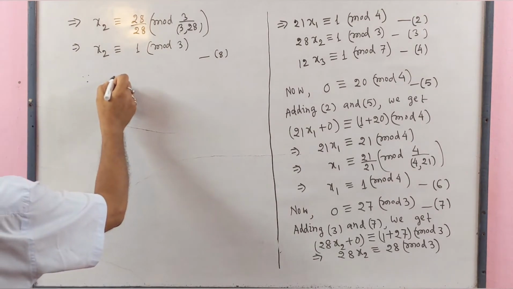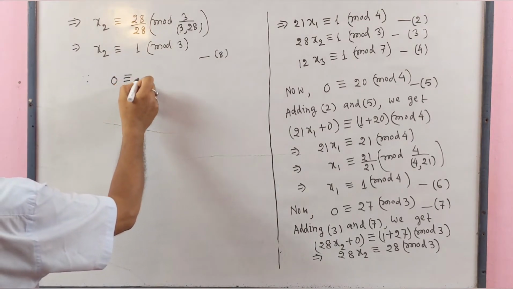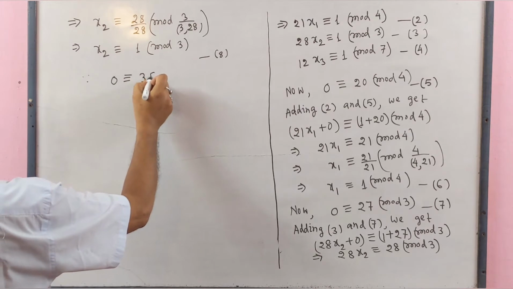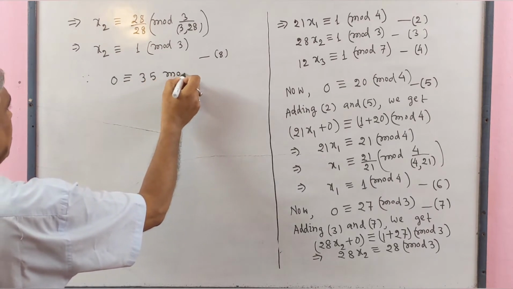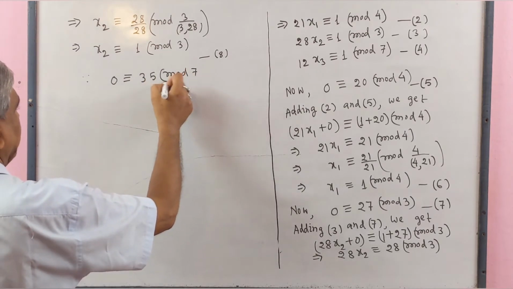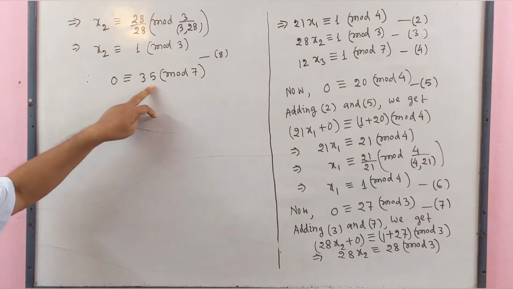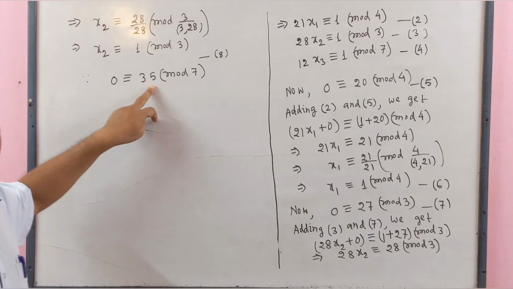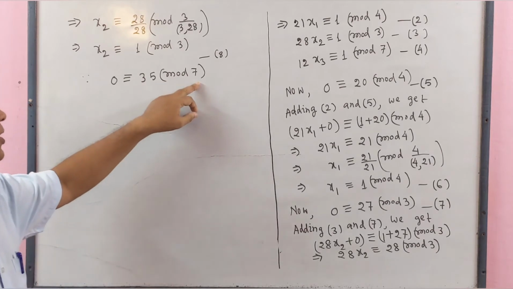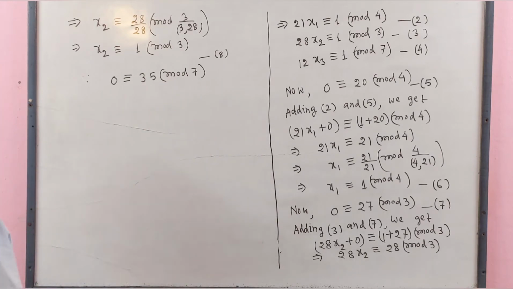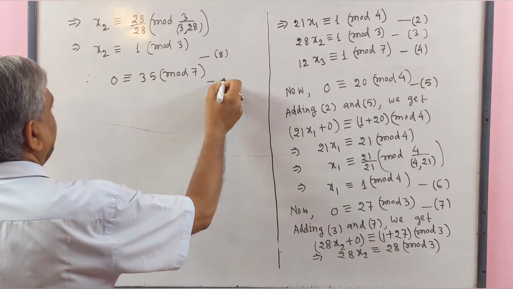Since 0 is congruent to 35 modulo 7, because 0 minus 35 is minus 35, which is divisible by 7. This is number 9.